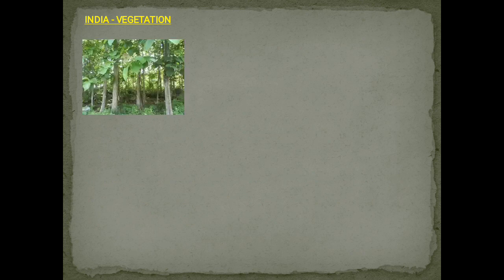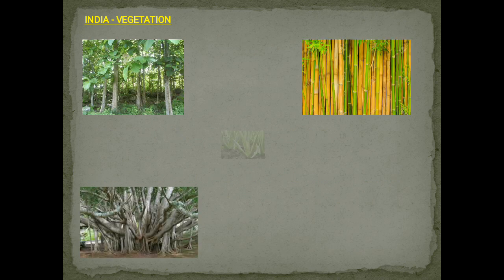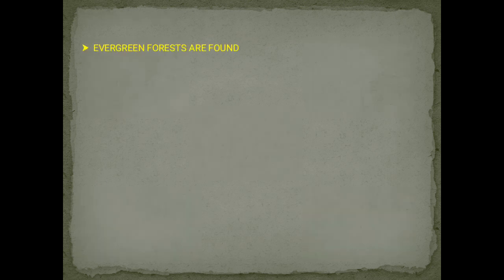Now we will learn about the vegetation of India. These are some pictures which will give you a clear idea about the vegetation of India. In regions which receive more than 2000 millimeters of rainfall on an average along with abundant sunlight, evergreen forests are found.